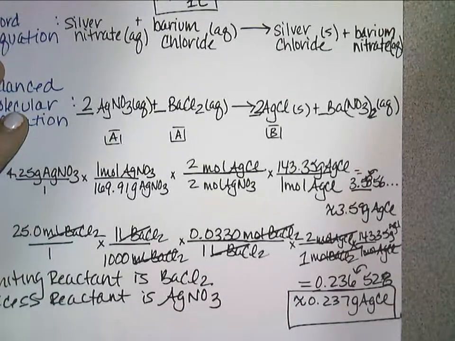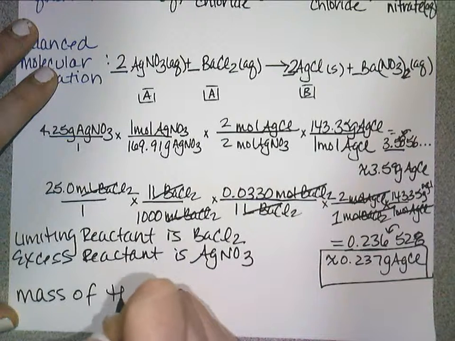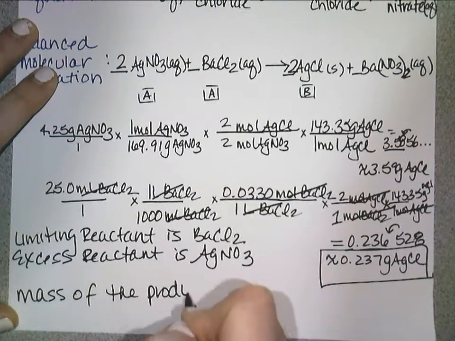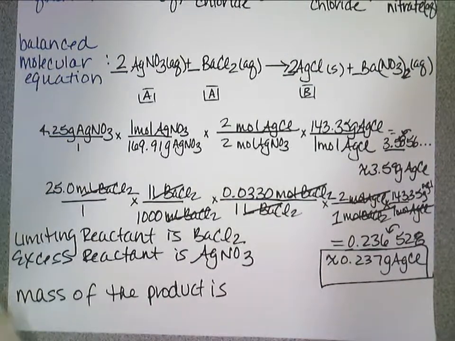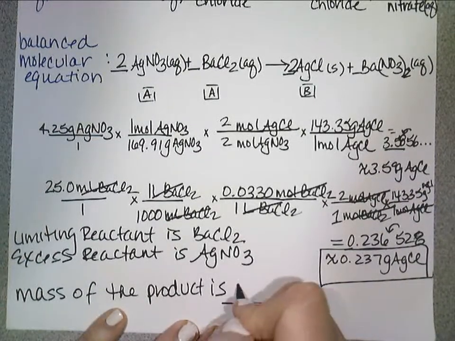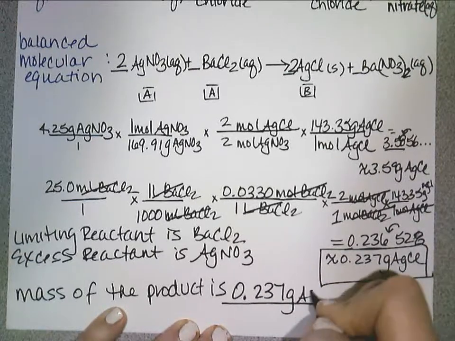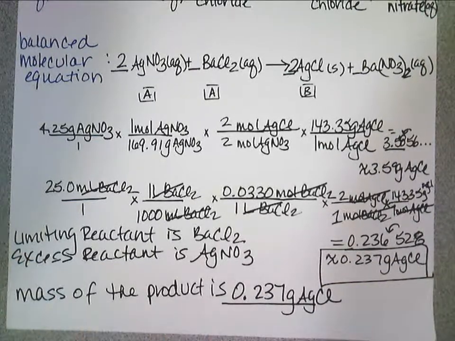And the mass of the product is 0.237 grams of AgCl. That's the mass of the product that forms.